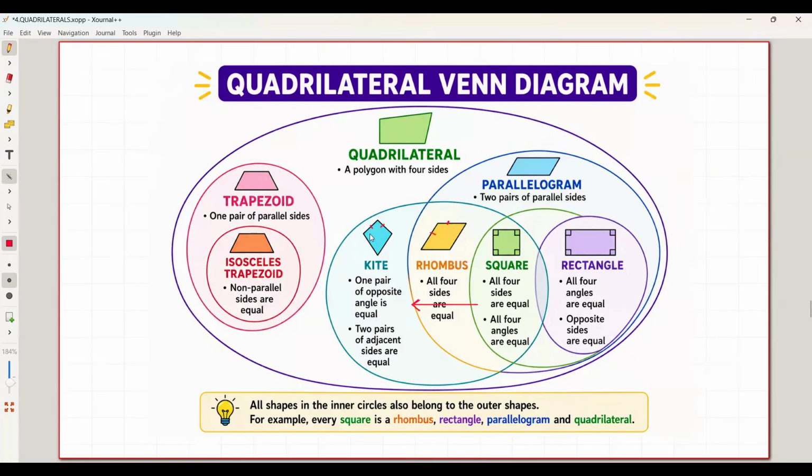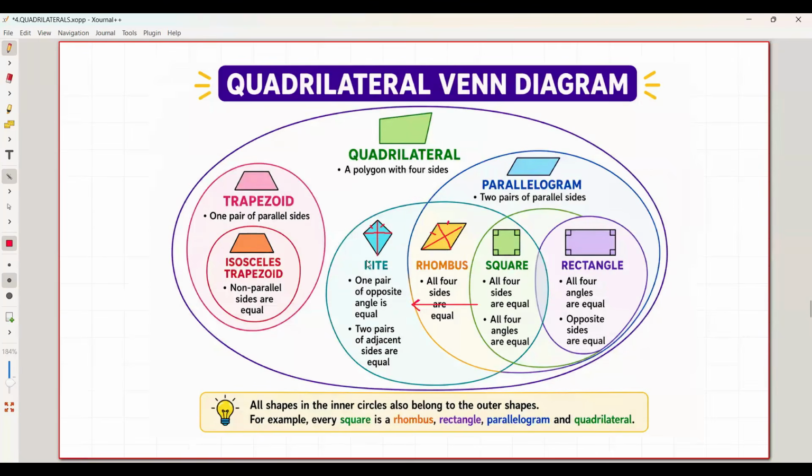In a kite the diagonals are perpendicular and one bisects the other; here also the diagonals bisect each other perpendicularly. The rhombus has an extra property: all the sides must be equal. A rhombus satisfies all the properties of a kite, therefore a rhombus is a kite, but a kite is not a rhombus.